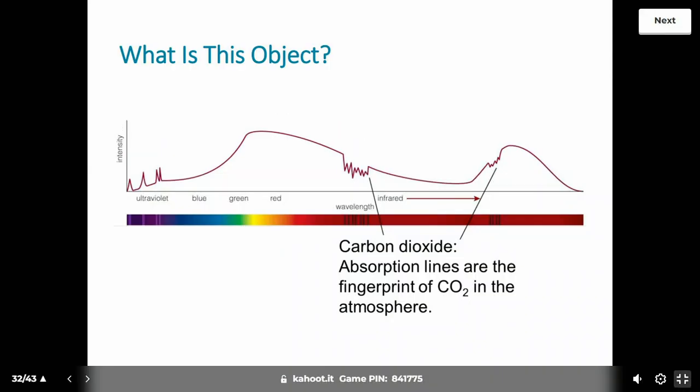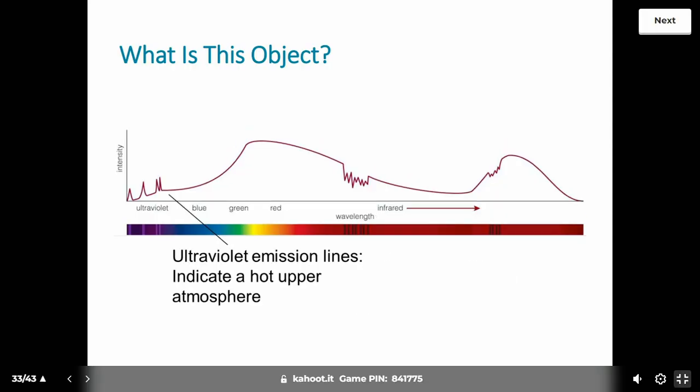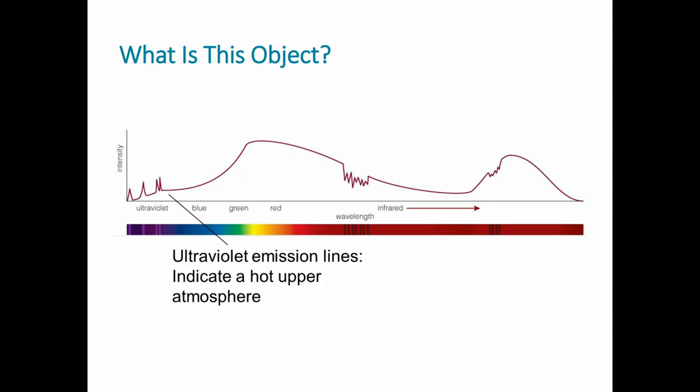The absorption features are from carbon dioxide, so that's telling us that whatever this object is has a cloud of gas around it, so it probably has an atmosphere, and in that atmosphere there is carbon dioxide. And then there's also these emission features, and so in that atmosphere there also has to be some kind of hot gas that's able to emit these ultraviolet photons.